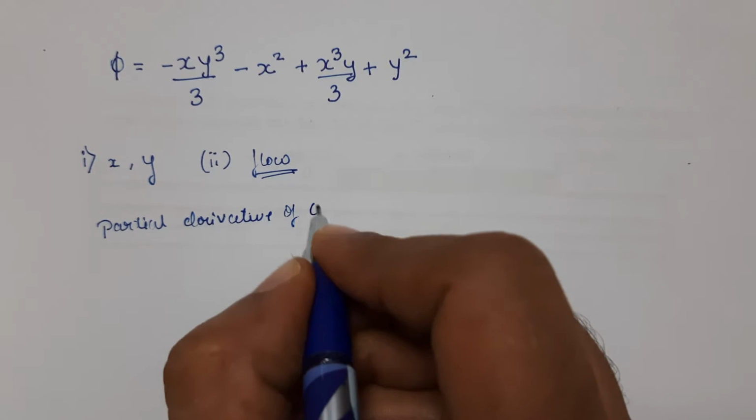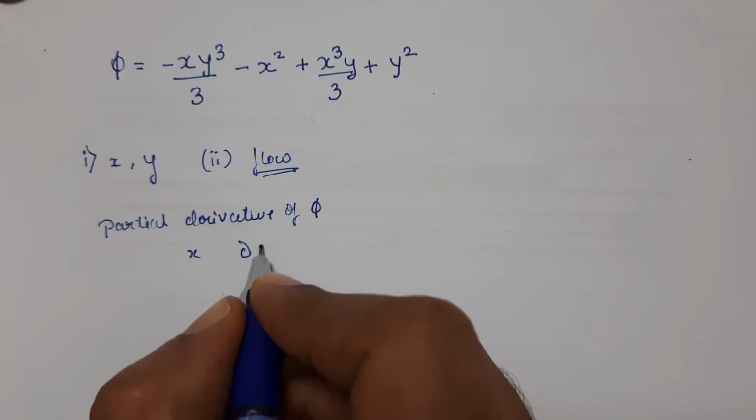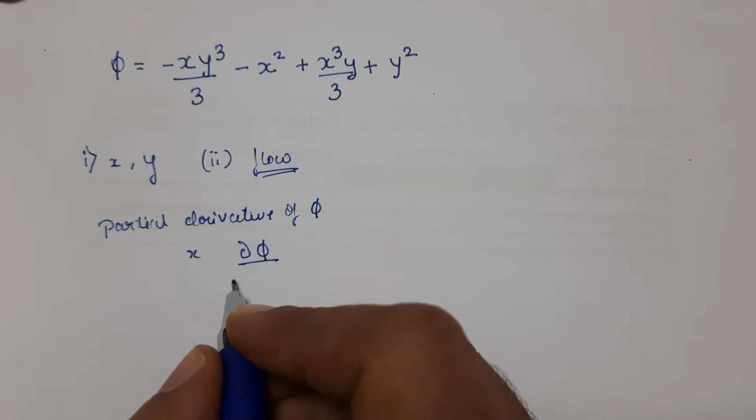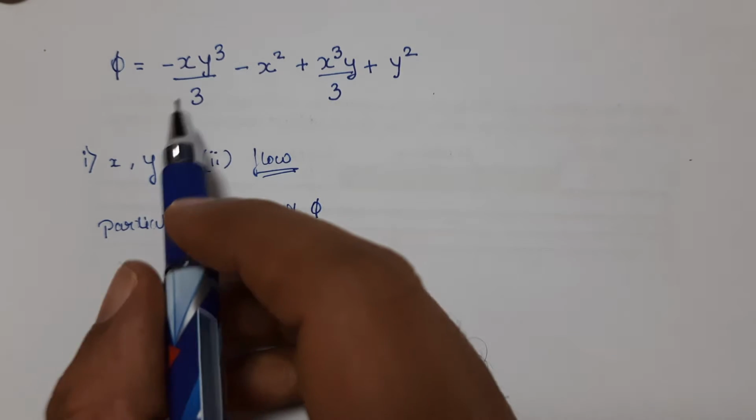derivative of phi with respect to x is first and foremost dou phi by dou x. So that is equal to this thing.